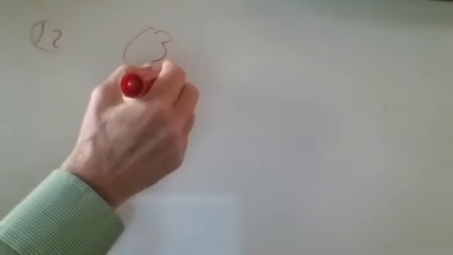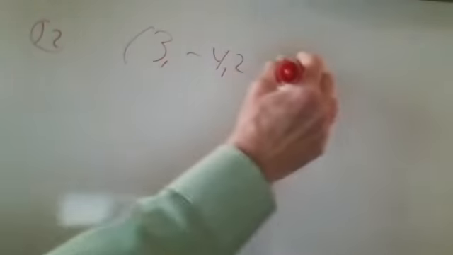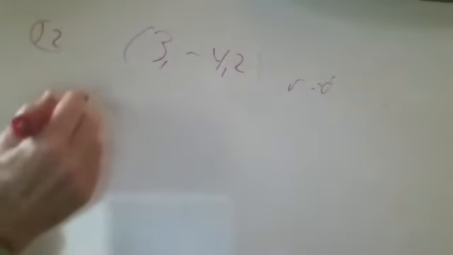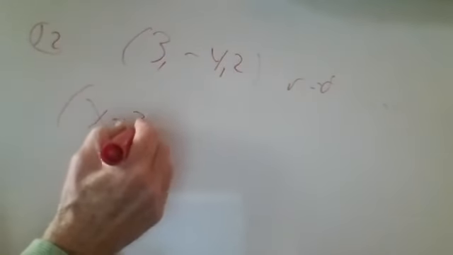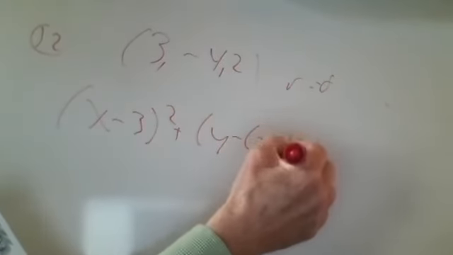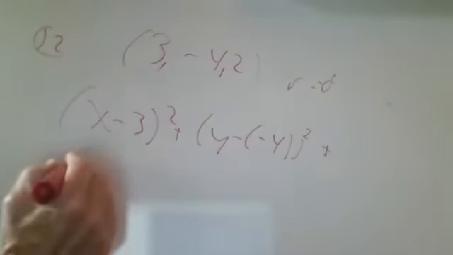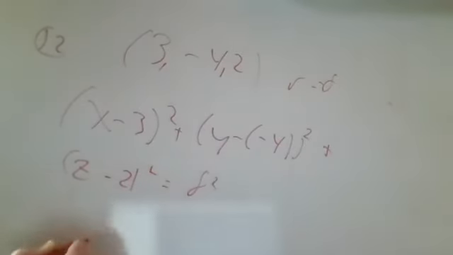All right, number 12. Determine an equation of the sphere centered at 3, -4, and 2, and whose radius is 8. Okay, so that's x minus 3 squared plus y minus -4 squared plus z minus 2 squared equals 8 squared.